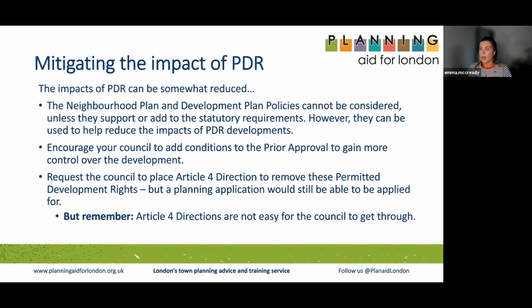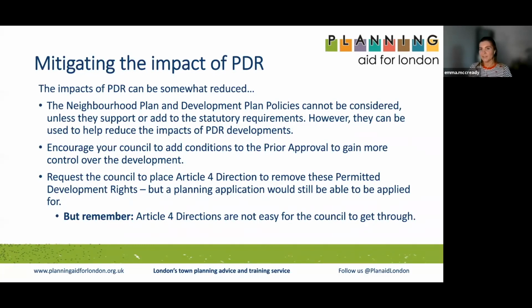And lastly, I mentioned the Article 4 directions before, and these essentially allow the council to completely remove a certain permitted development right within that area, which I know sounds ideal and exactly what you probably want to do.